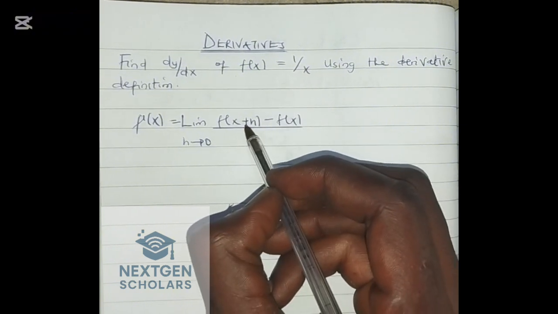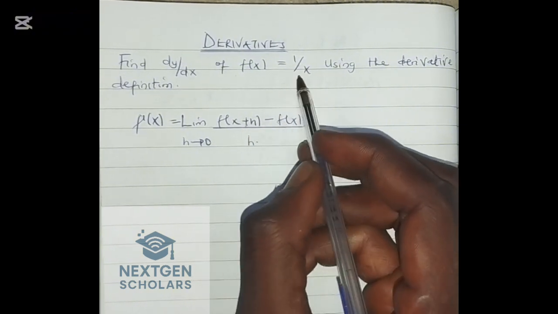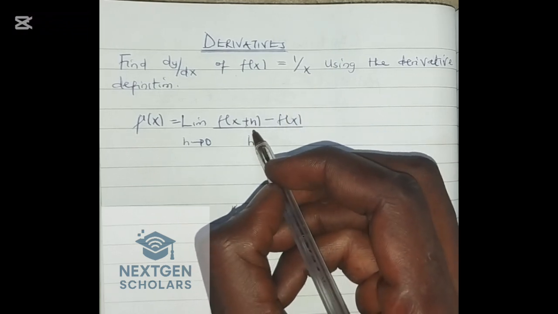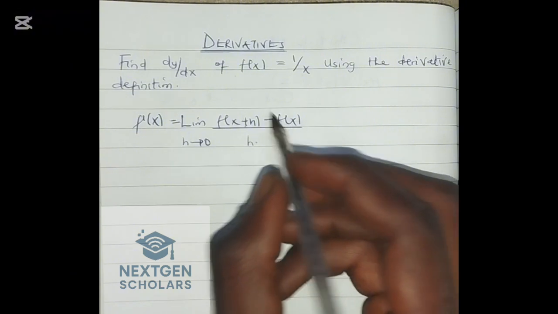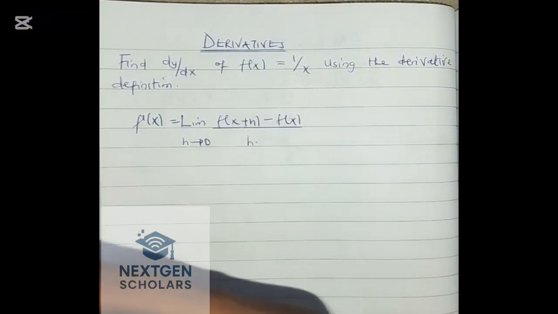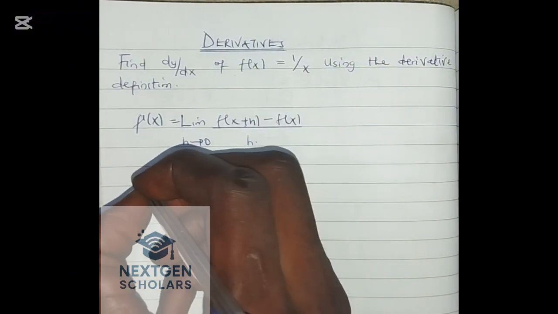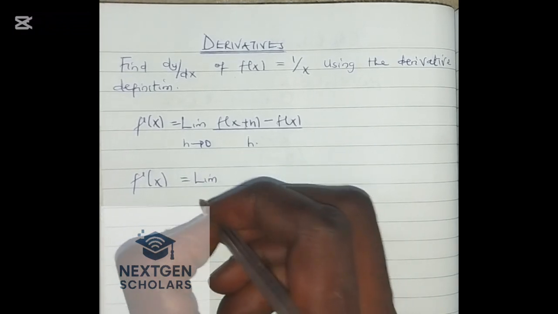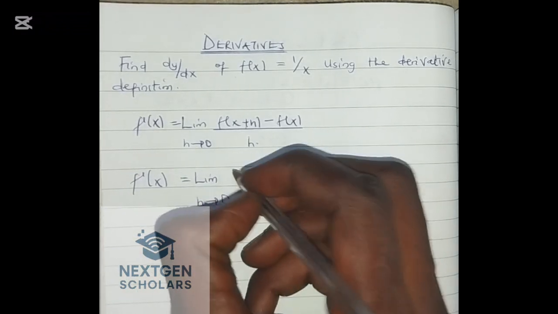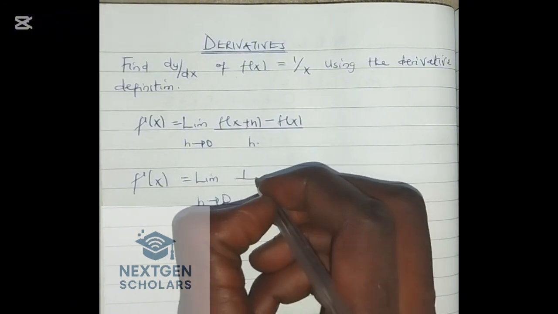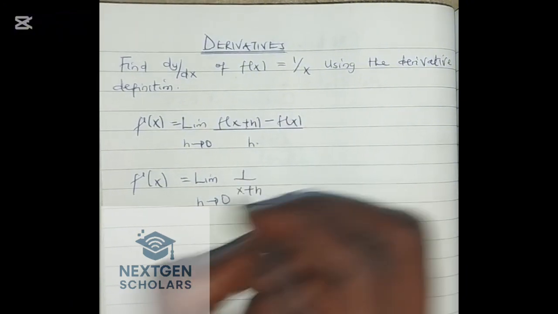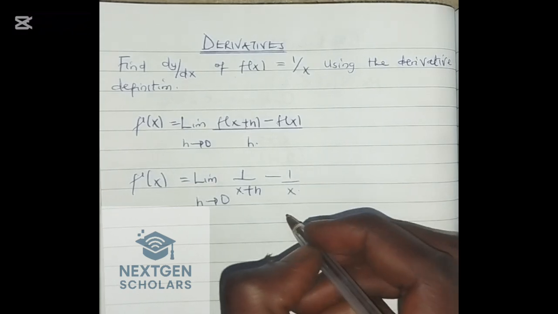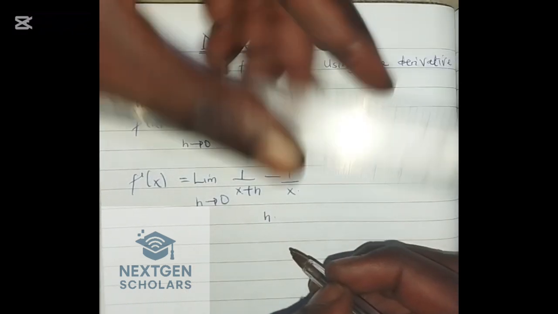f of x plus h: whenever we find x in this equation, we should replace that with x plus h. So let's do that. We know that f of x is this, so f prime of x equals the limit as h approaches 0 of 1 all over x plus h minus 1 all over x, all dividing h.